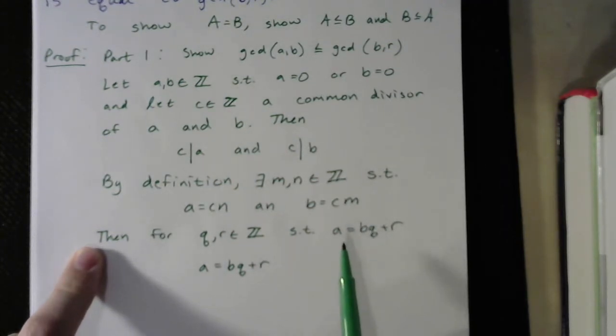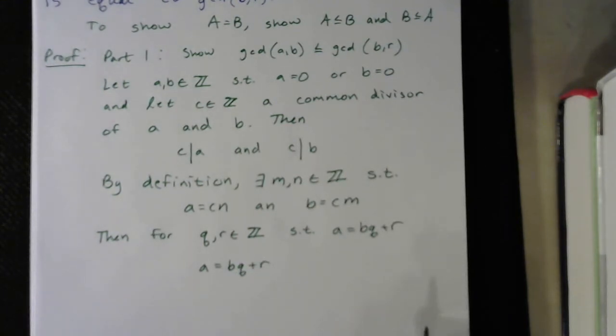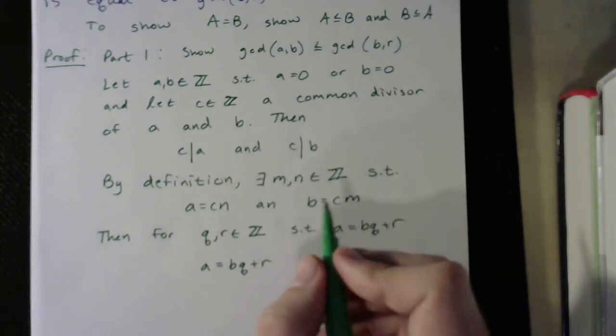You are always allowed to divide numbers, integers specifically. So we have A equals BQ plus R.